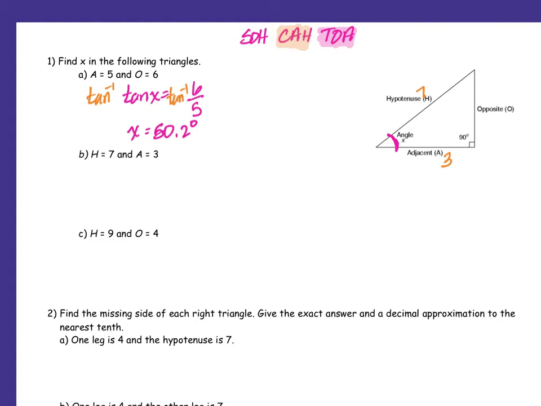So that means I'm going to use cosine this time. And I'm still going to do it exactly the same way, only I'm going to use cosine. So cosine of x is going to equal adjacent over hypotenuse. So that's 3 divided by 7.